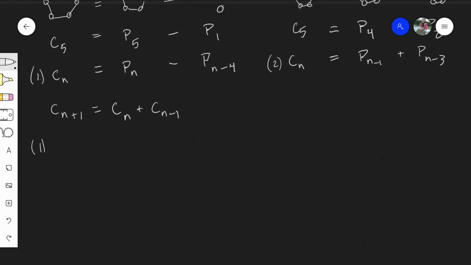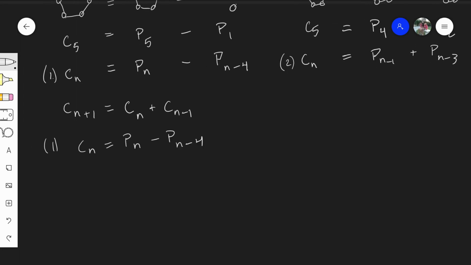So first thing, I'm just going to write equation 1 with Cn. And then let's write down equation 2 such that n becomes n minus 1. So if you had a cycle graph of size n minus 1, then that would be equal to Pn minus 2 plus Pn minus 4.